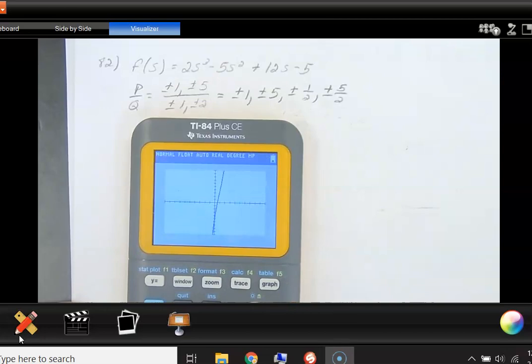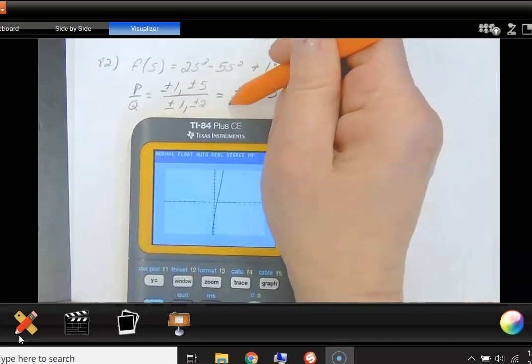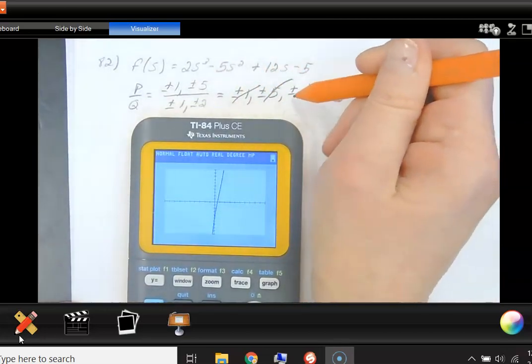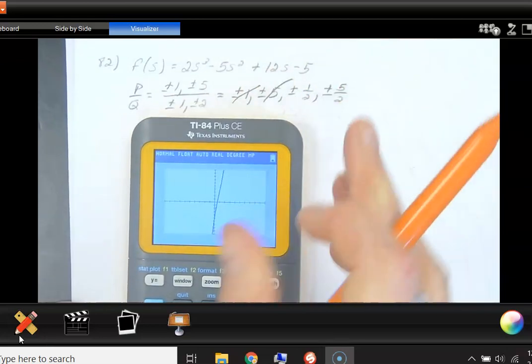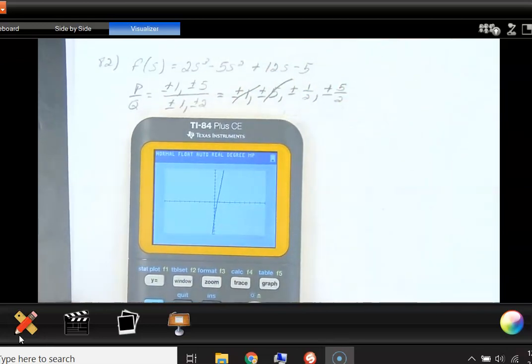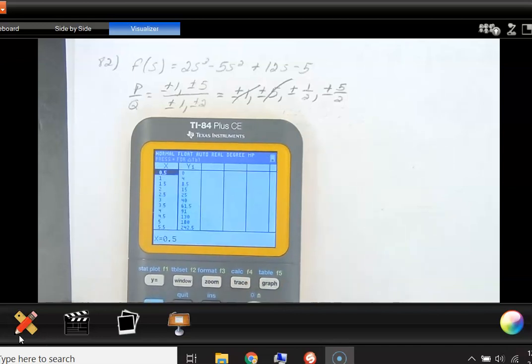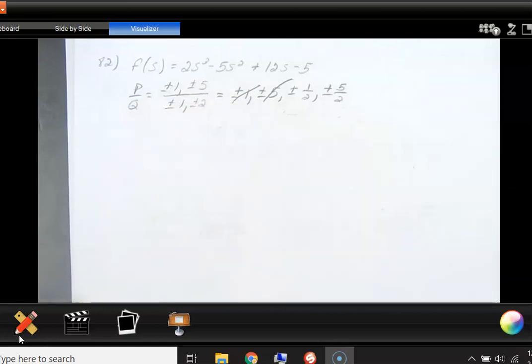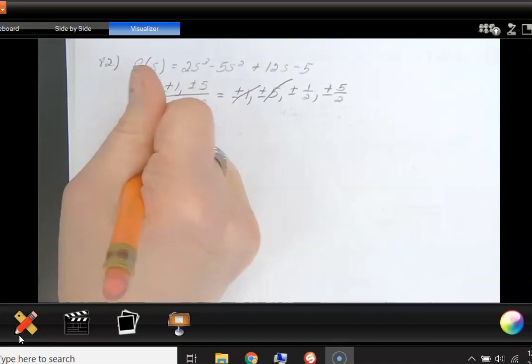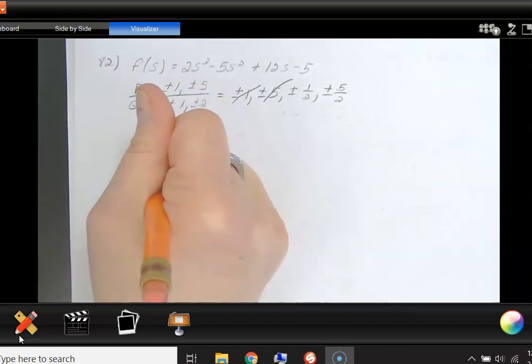Okay, so it's clearly not going through these or the negatives of these. So I'm going to change my table setup here to count by halves, and that'll tell me if positive a half is 1. And it is. Okay, so I'm going to use positive a half in my synthetic division.